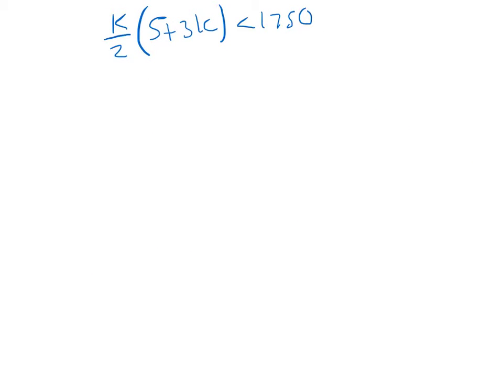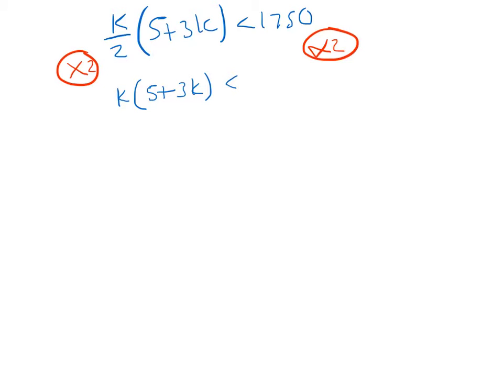So this is what we've ended up with so far. So what we're going to do is we're just going to keep rearranging this so that we can hopefully solve what k is. I'm going to times by 2 to get rid of that fraction there. So then I end up with k bracket 5 plus 3k is less than 3,500.